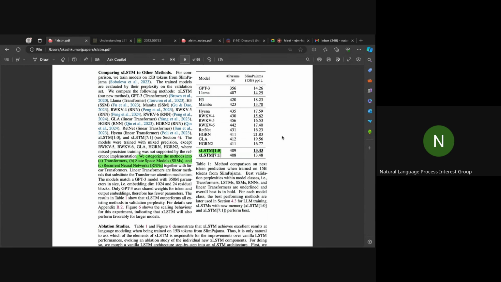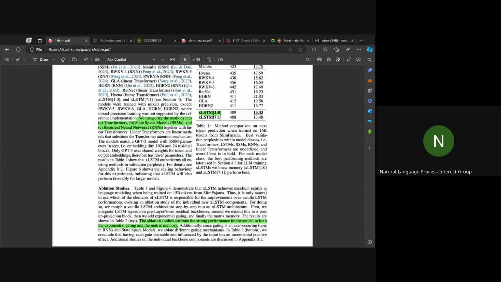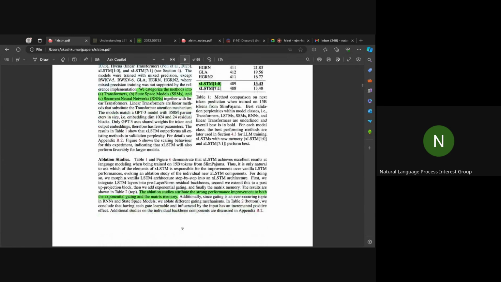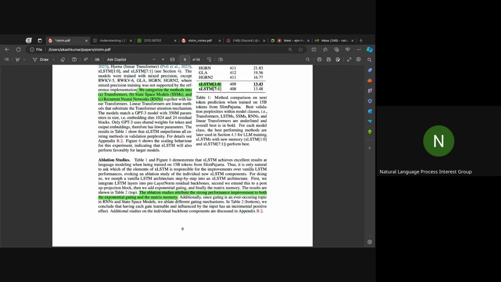So it is interesting to see that just a single mLSTM block is able to give such low perplexity on this particular data set, which shows that it understands more about the information that is there in the data set.